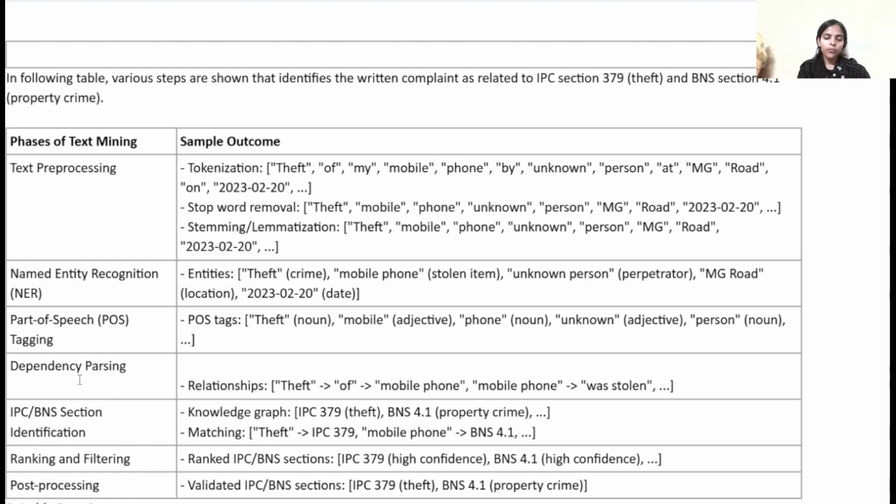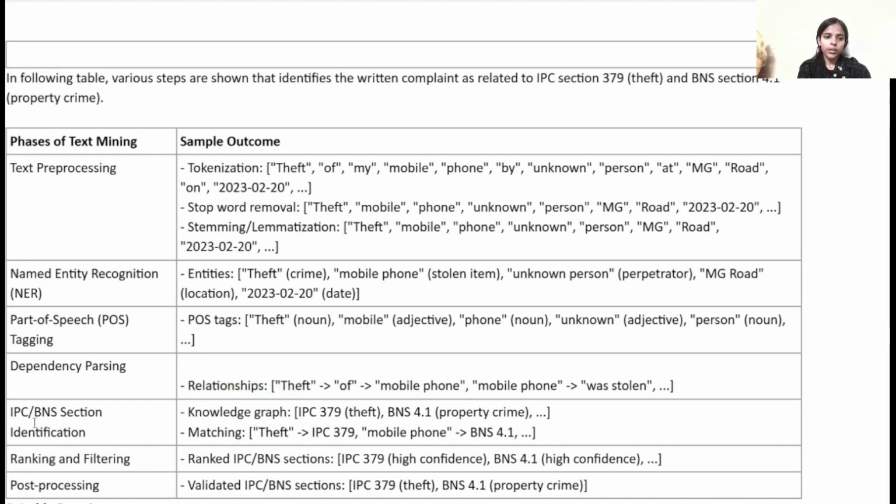Then the fourth phase of text mining is dependency parsing. In this, we learn about the relationships, such as how theft is related to mobile phone: theft of mobile phone, the mobile phone was stolen by an unknown person. So this is the relationship between two entities.